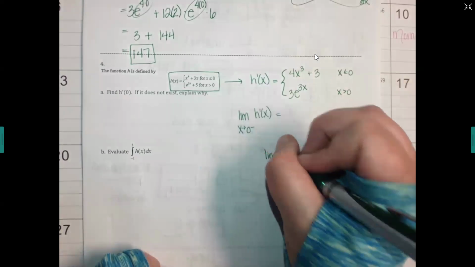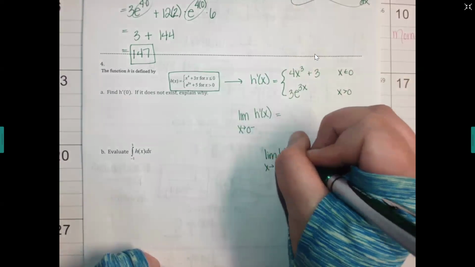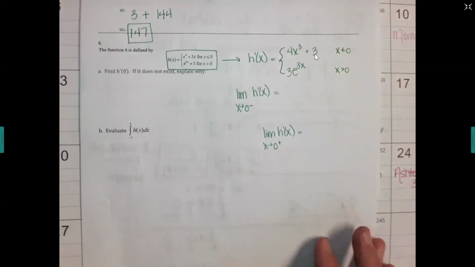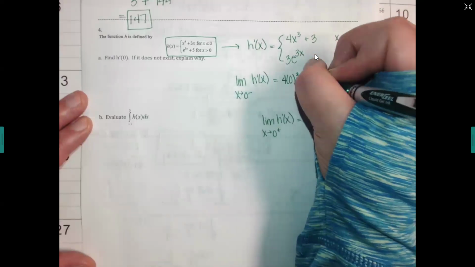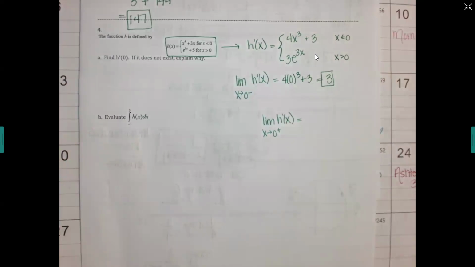Then we're going to check the limit as x approaches 0 from the right on h prime. Remember that approaching 0 from the left means you're approaching it from x's that are on the less than side of 0. What part of the piecewise is that, top or bottom? Left would be top. So it'd be 4 times 0 cubed plus 3, which would be 3. So this is my left side slope.